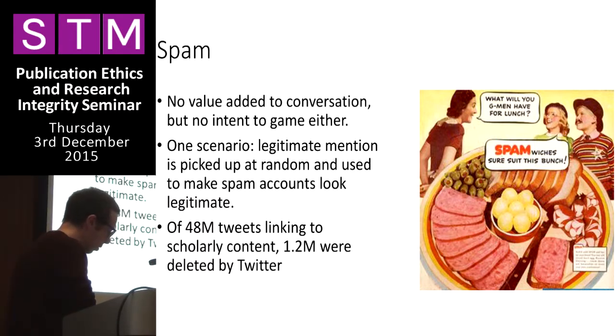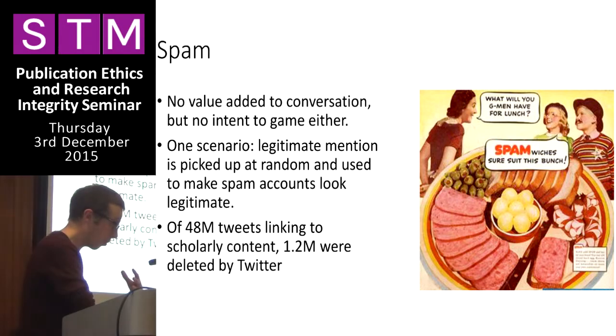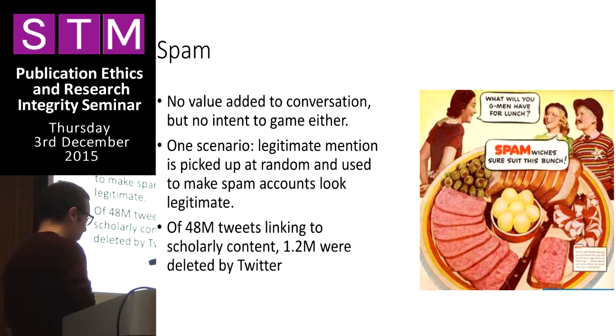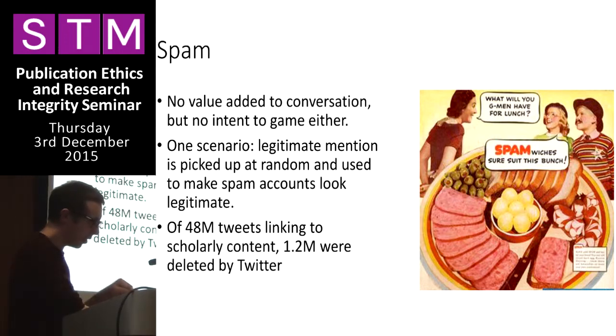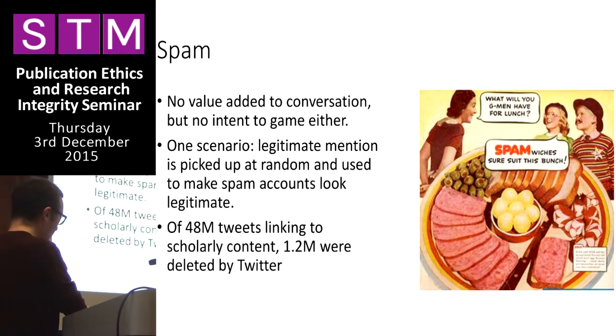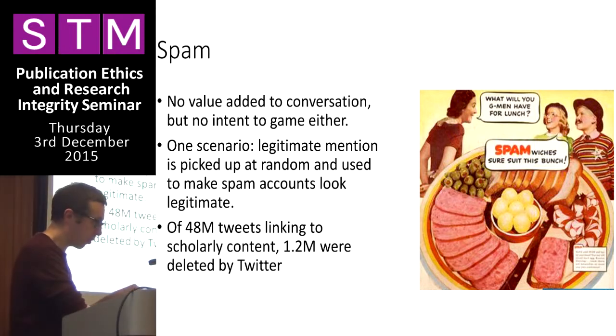So to some extent we can quantify that. Twitter periodically does these big deletions of spam tweeters and users, if it figures out that nobody's reading them, no one's really behind them when they're being posted. So of about 48 million tweets we've seen linking to scholarly domains, about 1.2 million have been deleted by Twitter.